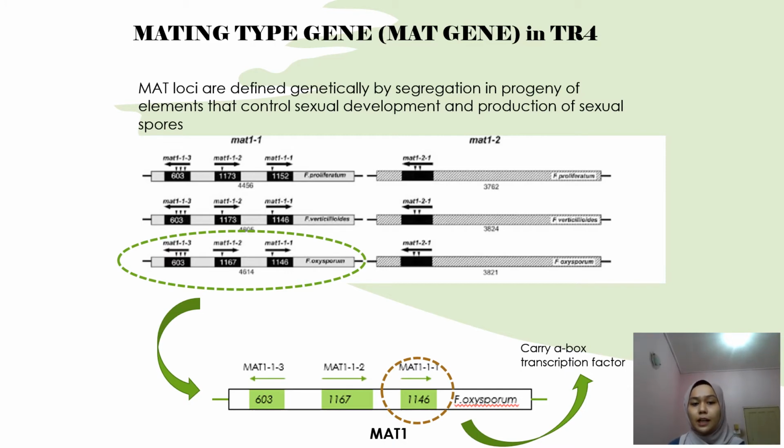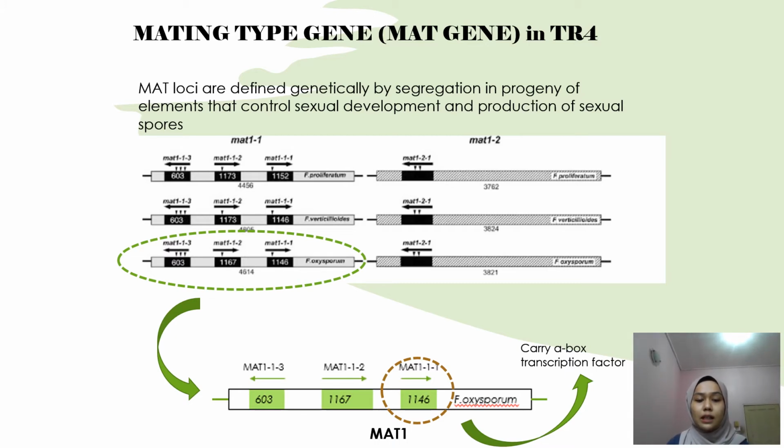So the definition of mating type gene: MAT loci are defined genetically by segregation in progeny of elements that control sexual reproduction, development, and production of sexual spores. In Fusarium oxysporum, the arrangement is similar to Gibberella fujikuroi, and here is the arrangement of the mating genes in TR4.